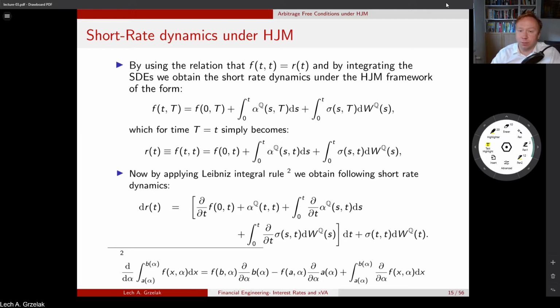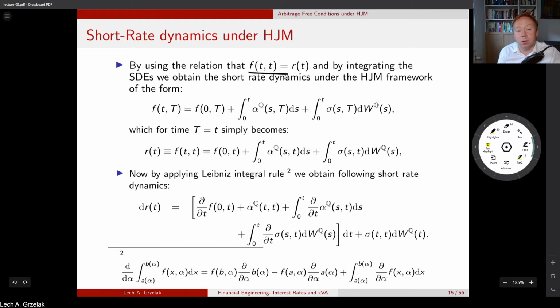We have just derived the arbitrage-free conditions, which state that under the HJM framework, volatilities are the most important, as they define the arbitrage-free or risk-neutral dynamics for the instantaneous forward rates. Now we would like to find out how the process for the short rate would be affected by that finding. So we have to go back now to the definition of the instantaneous forward rate and short rate.